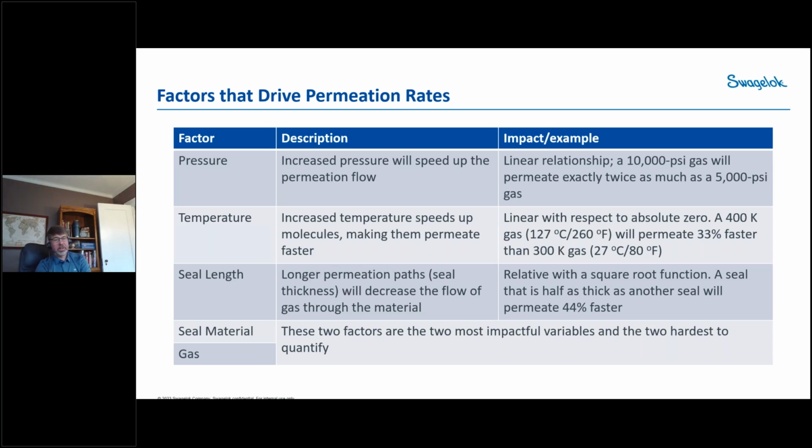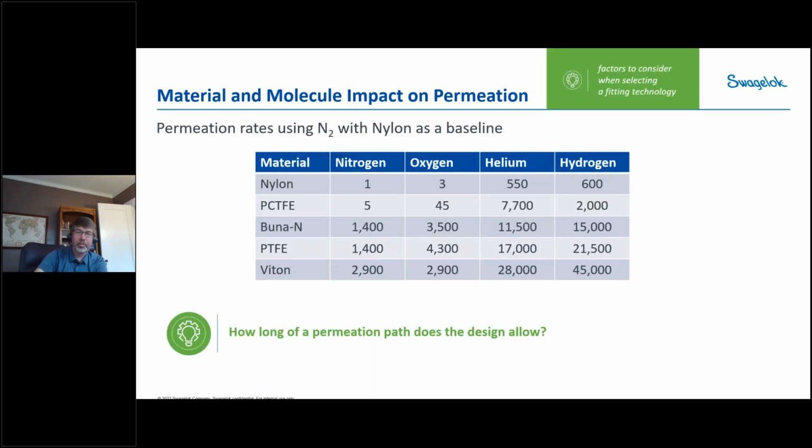But then lastly, of course, it's the seal material, which has to do with the sealing technology, but also what gas is being used. And when we look at what those are, we see some vast differences in performance.